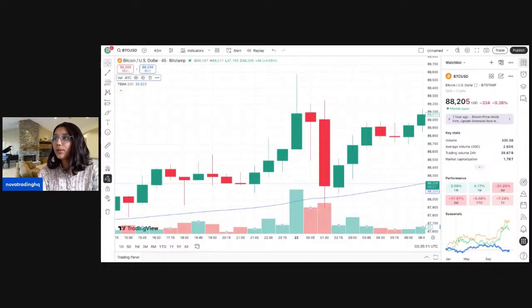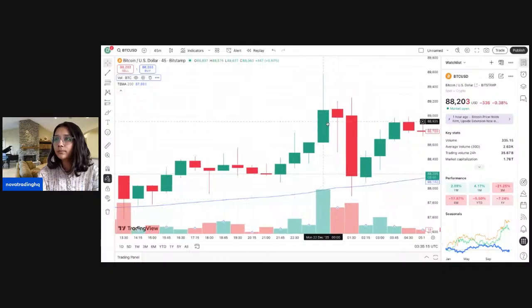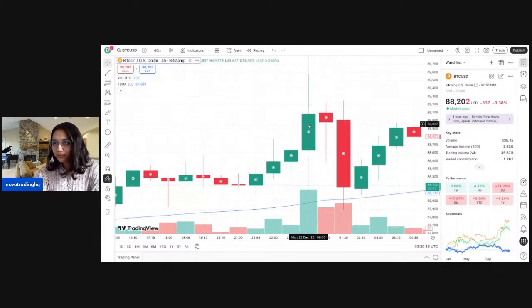As you can see, the first candle at 12 a.m. UTC is a green candle. But there is also a very interesting part which you need to look at.